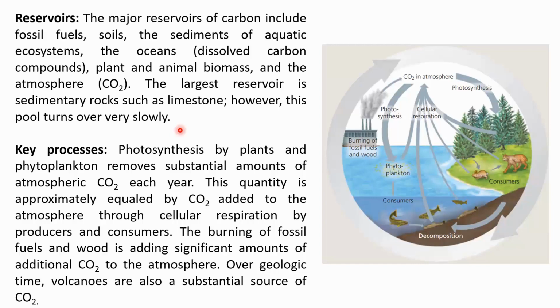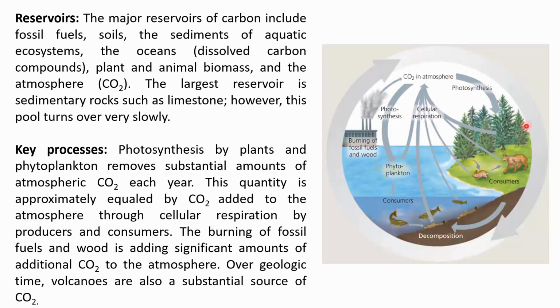Now, what are the key processes in the carbon cycle? Photosynthesis by the plants and phytoplankton removes a substantial amount of atmospheric carbon dioxide every year. So these phytoplankton or terrestrial plants use the carbon dioxide present in the atmosphere through photosynthesis, thereby producing organic molecules that can be used by the consumers.